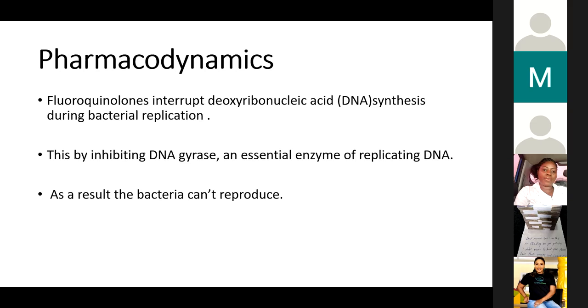There's an enzyme called DNA gyrase, which is very important in replication of DNA. So the fluoroquinolones will inhibit this enzyme, and therefore they would disrupt the whole DNA synthesis mechanism. And so the bacteria cannot reproduce, because you need DNA synthesis for bacterial reproduction, and effectively this is what leads to the killing of the bacteria.